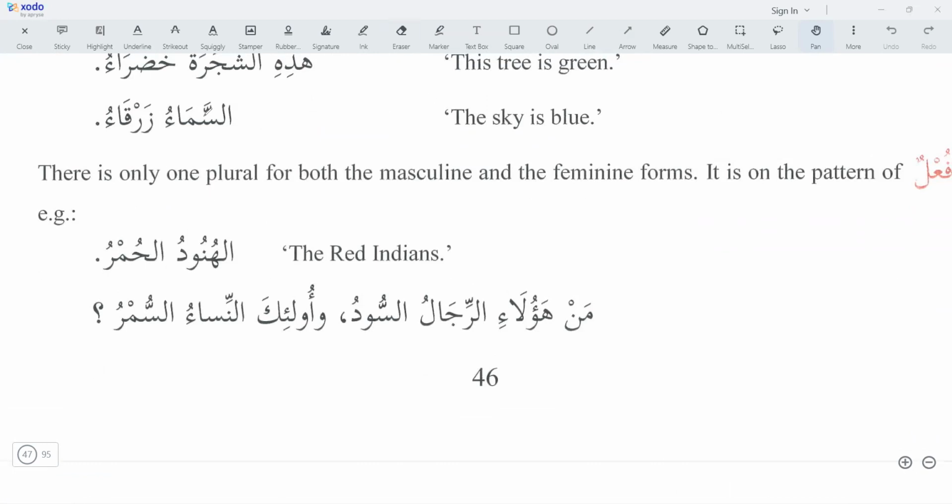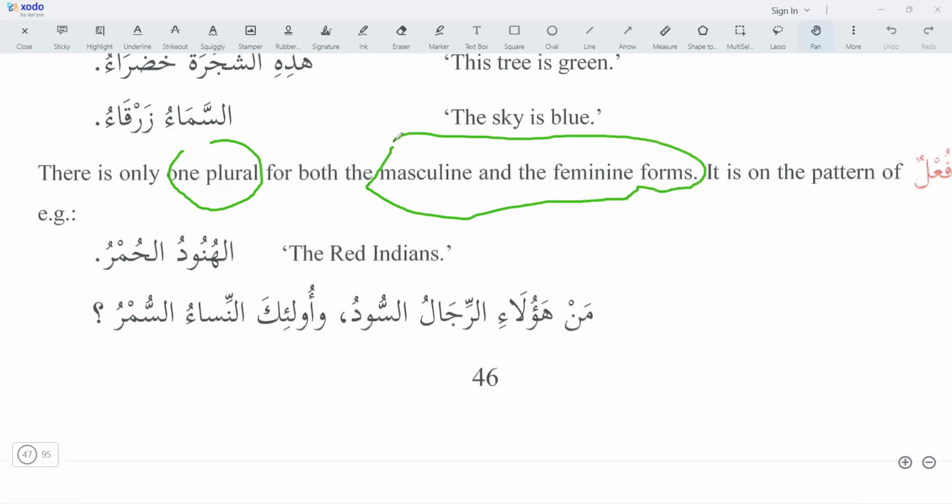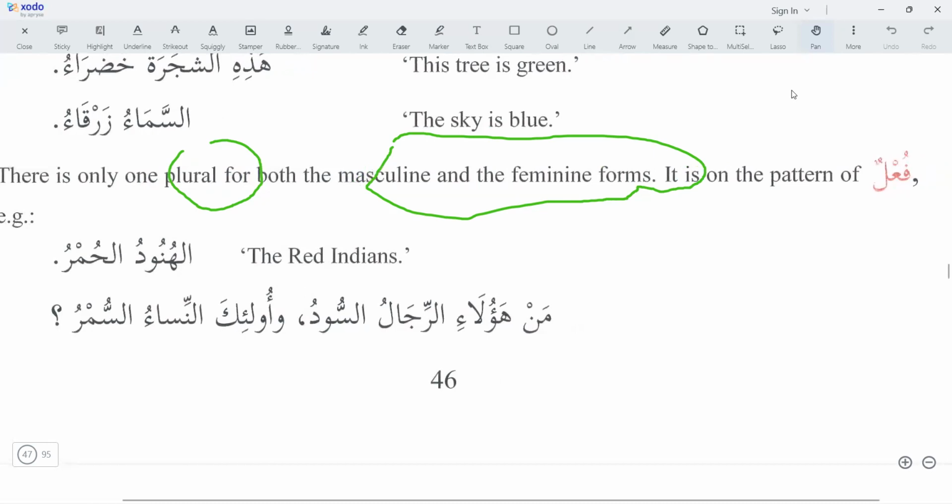So there is only one plural for both masculine and the feminine forms. It is on the pattern of Folun.